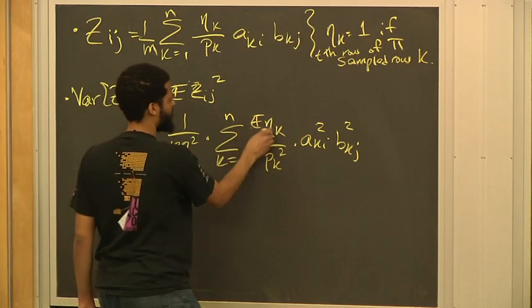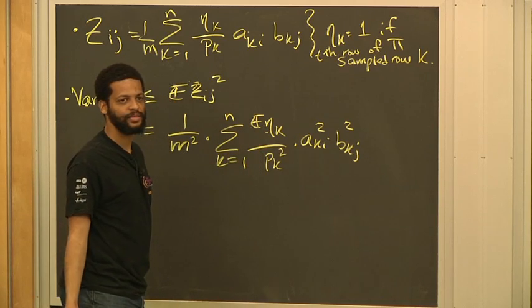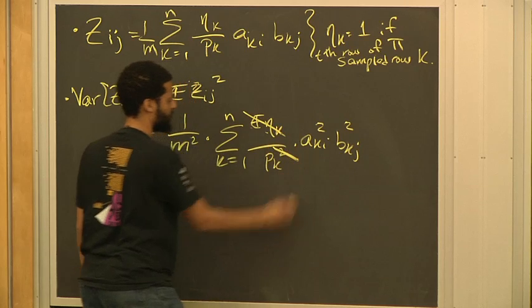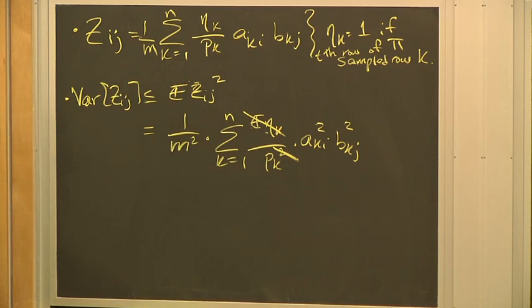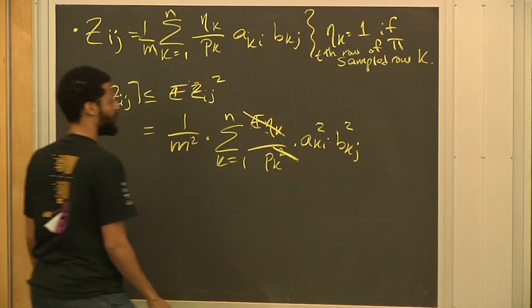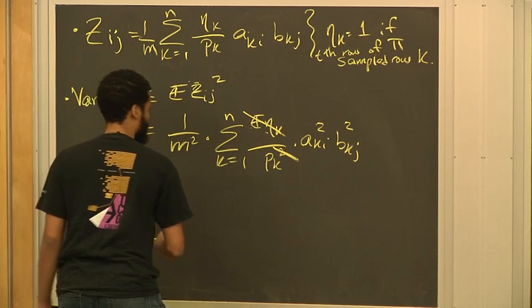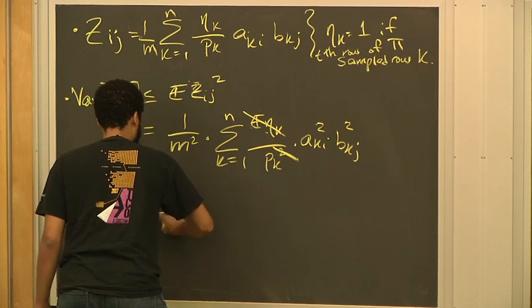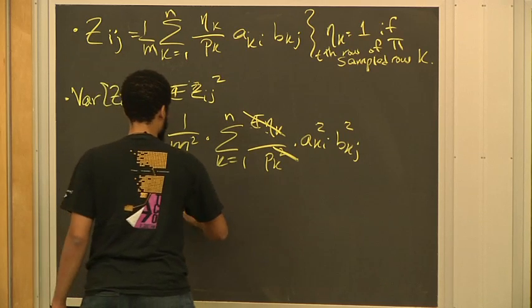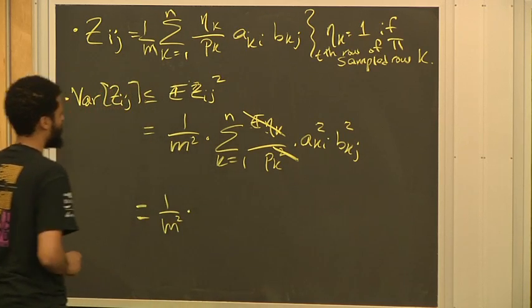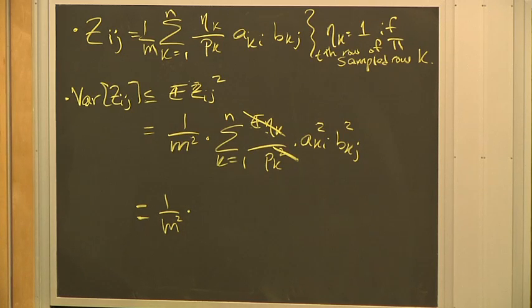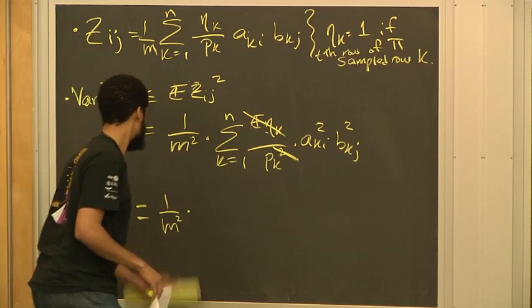The expectation of eta k is pk, so this cancels. Okay, good, let me leave it like that.